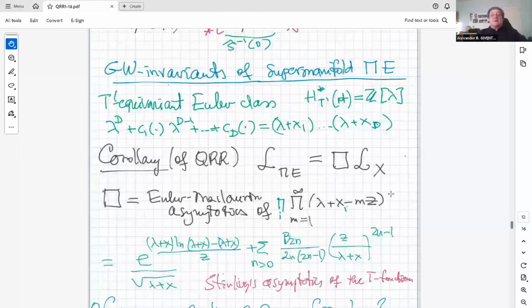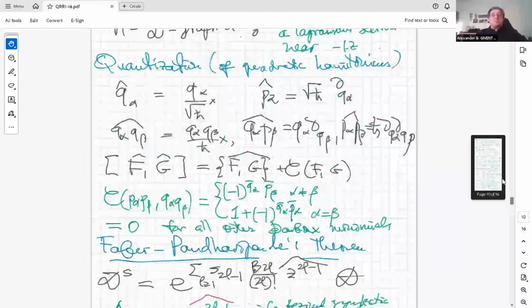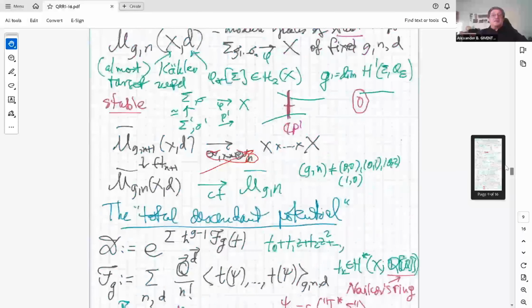What is remarkable is that we already encountered this expression when we were doing that heuristic analysis of S1 equivariant Floer theory on the loop space.